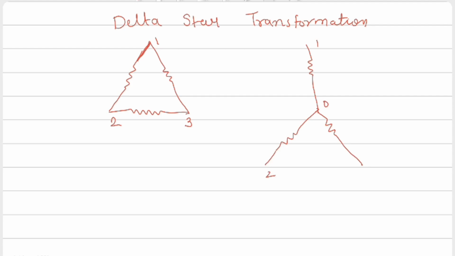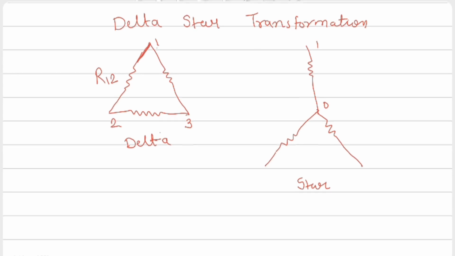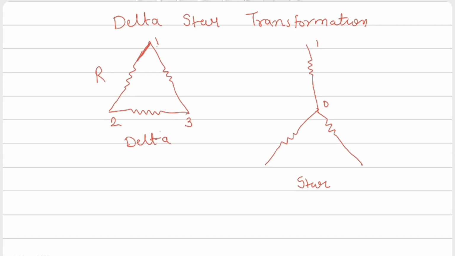Let us say this is my delta connection and this is my star connection. Let us say the resistance between 1 and 2 is R12, resistance between 2 and 3 is R23, and the resistance between 3 and 1 is R31.